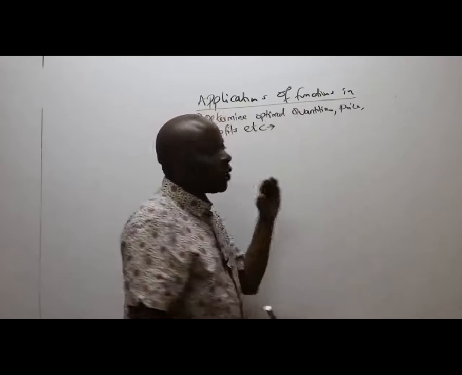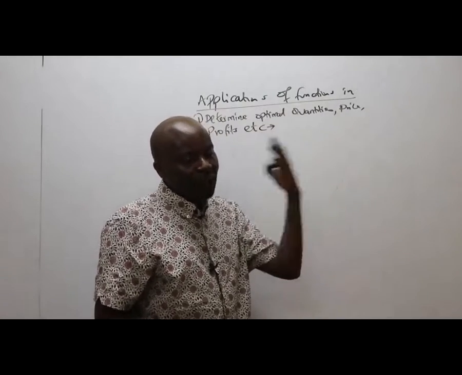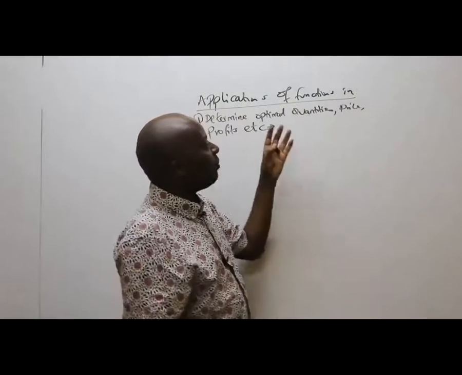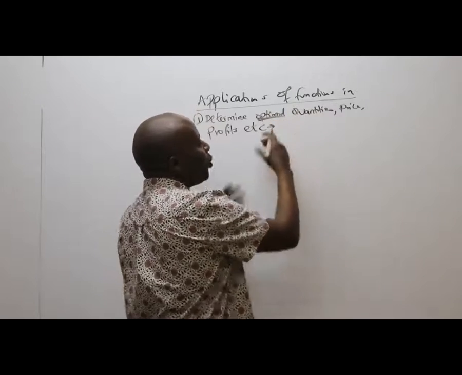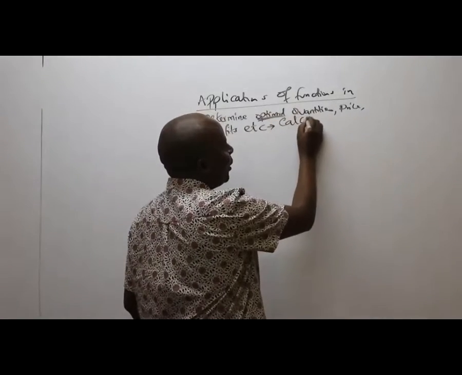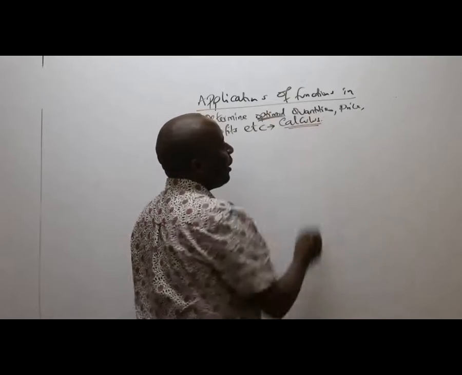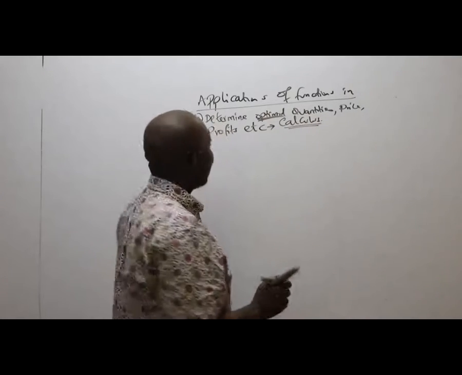How many units do we produce for us to be able to maximize our, for example, profit? How do we get maximum profit? So optimization theory, we normally use functions in light of what we call calculus, to determine the best production points. Very good. That's number one.